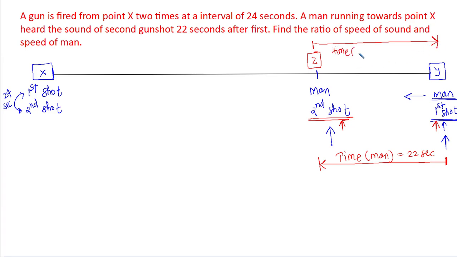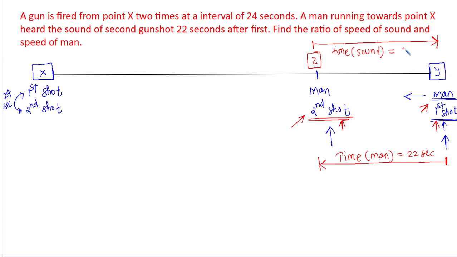Look here, time taken by sound. If the man is stationary, then he is supposed to hear the second gunshot at point Y after 24 seconds. But the man is approaching towards point X, so he heard the second gunshot at point Z after 22 seconds. It means, to travel from point Z to point Y, how much time does sound require?